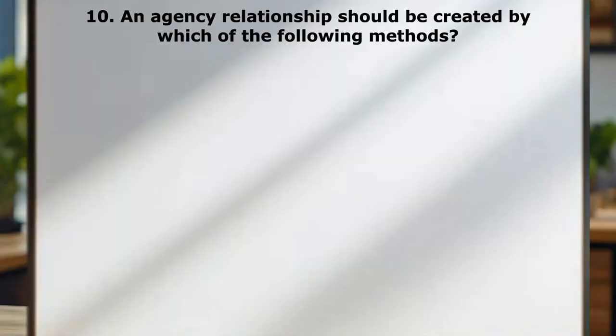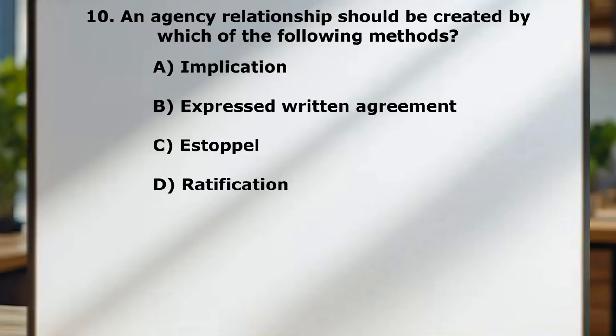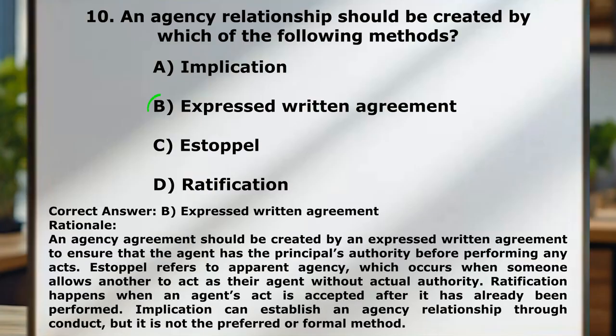Question number 10. An agency relationship should be created by which of the following methods? A, implication. B, expressed written agreement. C, estoppel. D, ratification. Correct answer here is B, expressed written agreement. So if you just understand what all of these terms mean, you're going to be able to answer this question easily.